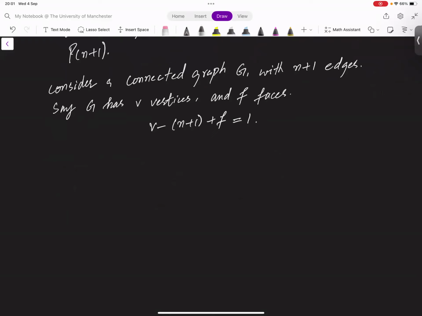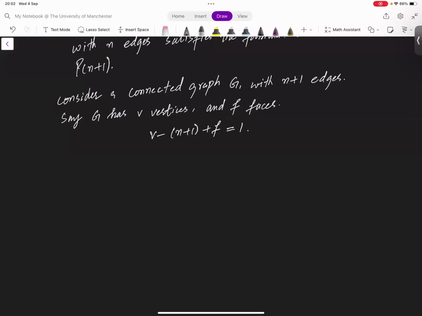And we can do that if G has at least one face. So say the strategy is lose one edge and the graph remains connected. Okay.